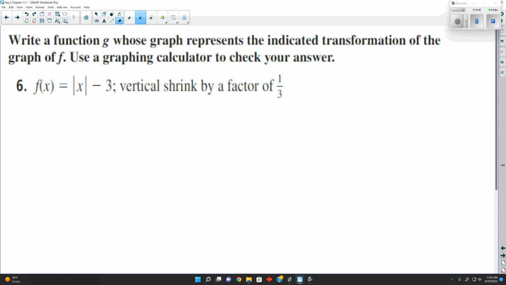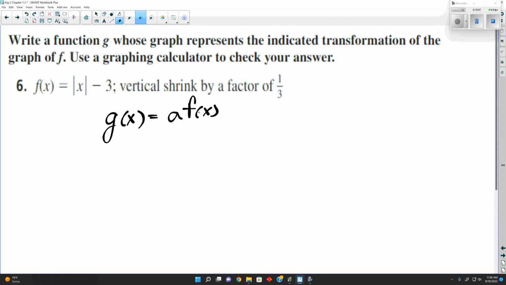Because I think this is the last one we have for vertical stretch and shrink. So if we look at this one, we want to write a function g of x that is a vertical shrink of this function by a factor of 1/3. If it was horizontal, we'd flip it, but vertical stays the same.